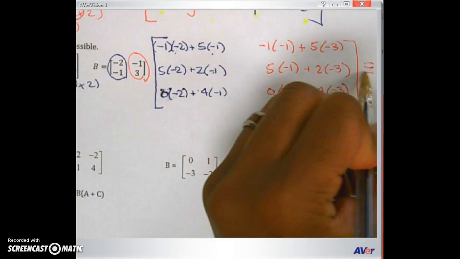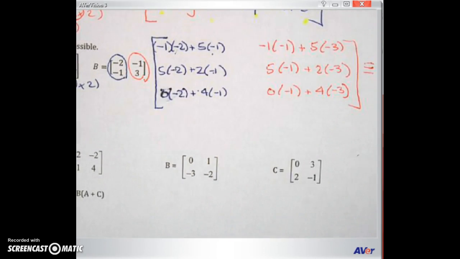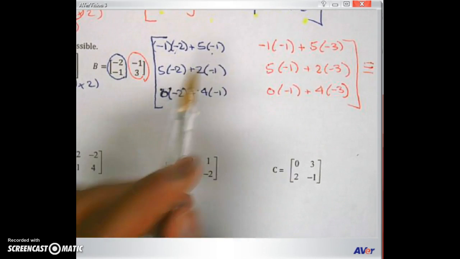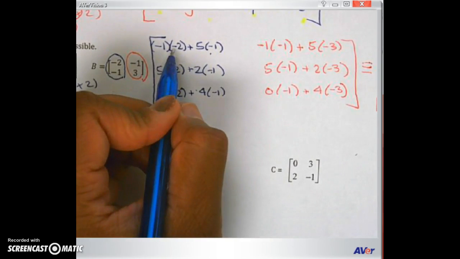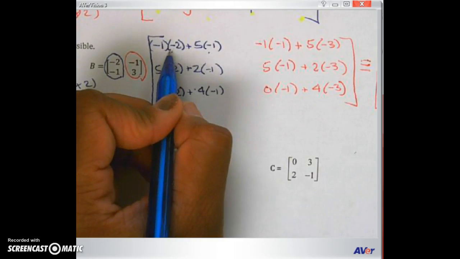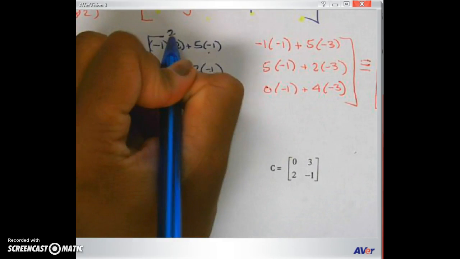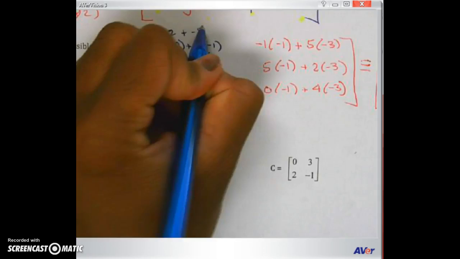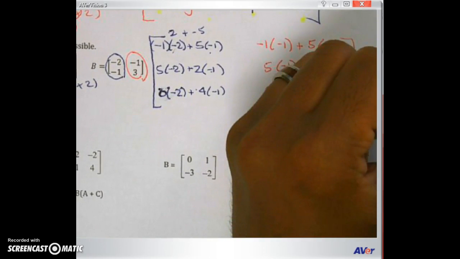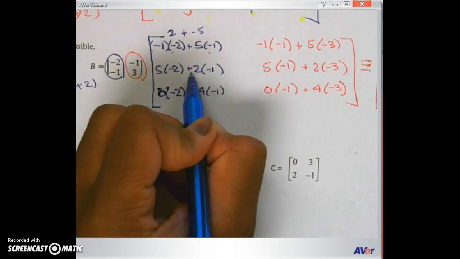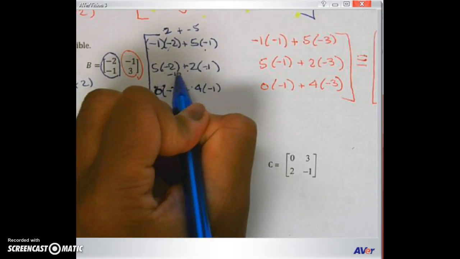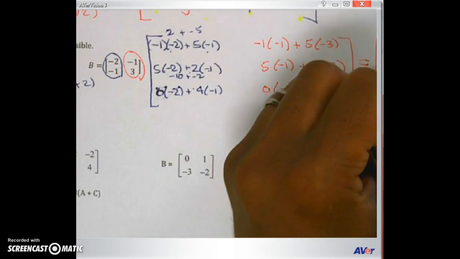From here, you use a little bit of your arithmetic skills and you add and combine like terms. So for this first one, -1 times -2, that's 2 plus -5, so I get -3. For this one, this is -10 plus -2, I get -12.